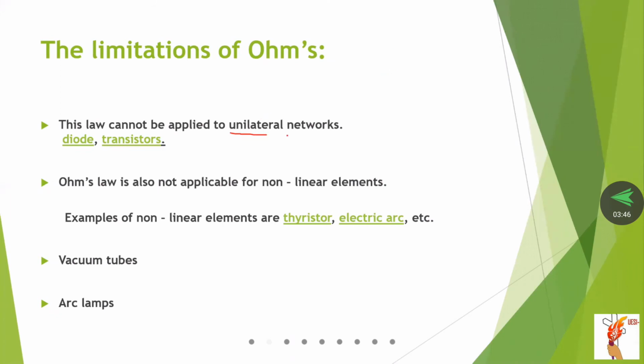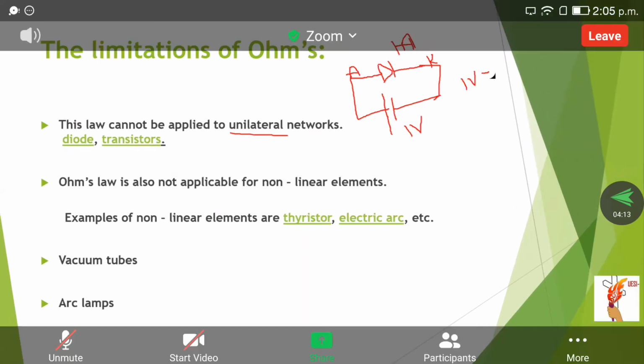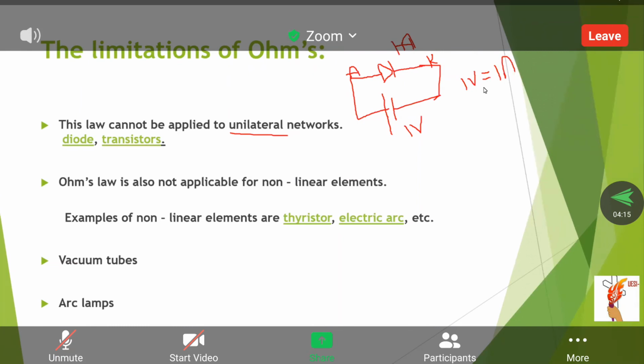Now let us come to unilateral. In case of the unilateral, if the direction is changed, for example, we wrote the diode. So this is the diode, we are applying the voltage. For example, when we apply 1 volt, then we get 1 amp. So generally it is A and K. The result: 1 volt we apply, 1 amp we obtain. Next, the terminals become interchanged.